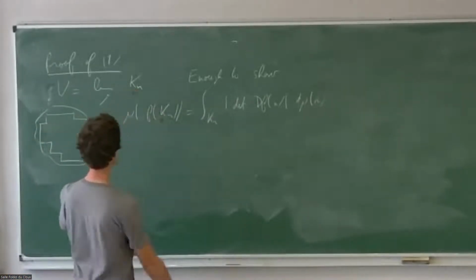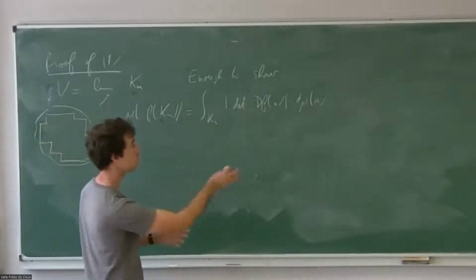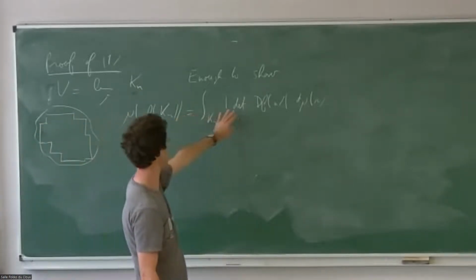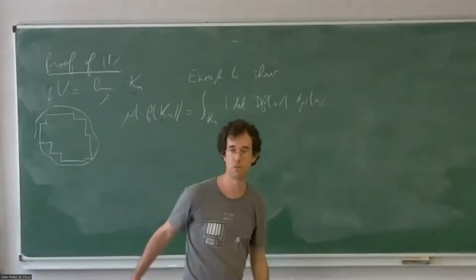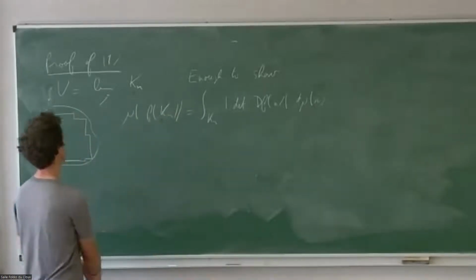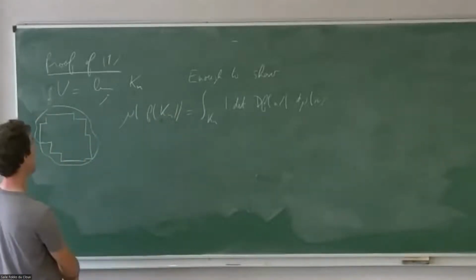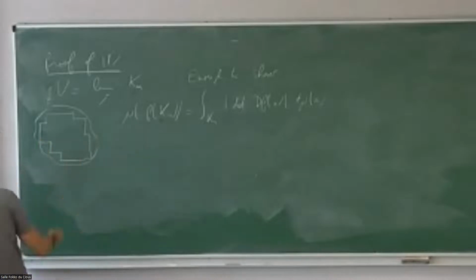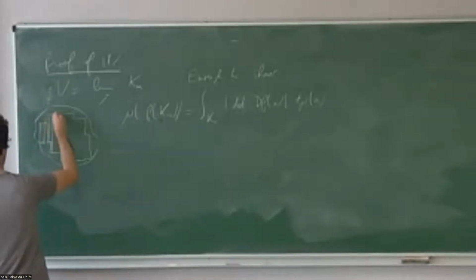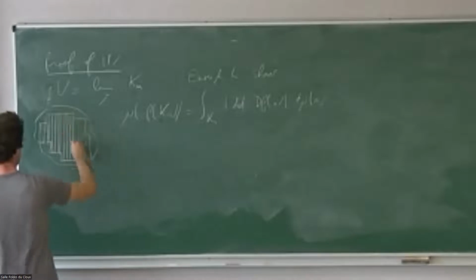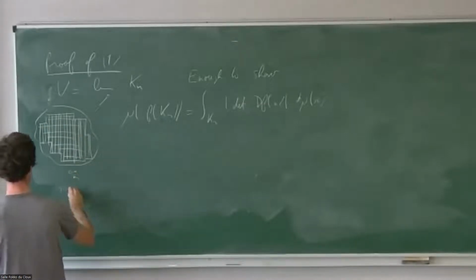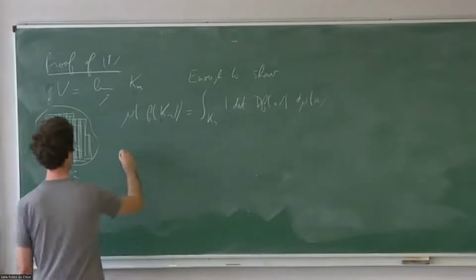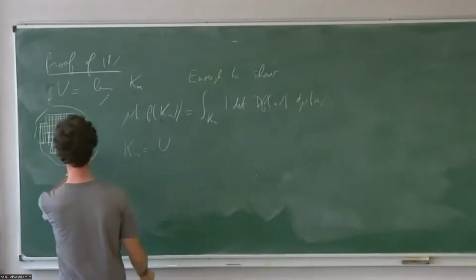When you increase Kn, the left-hand side will increase to the measure of V, and the right-hand side will increase to the integral over U because you have monotone convergence. So you just need to prove that. And how do you prove that? You have this Kn and you will cover it by squares like that. Take a small mesh M, and cover Kn by squares.